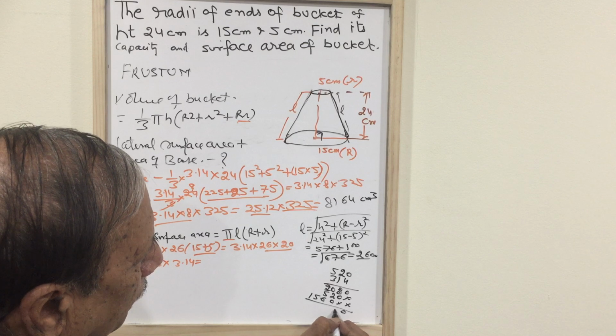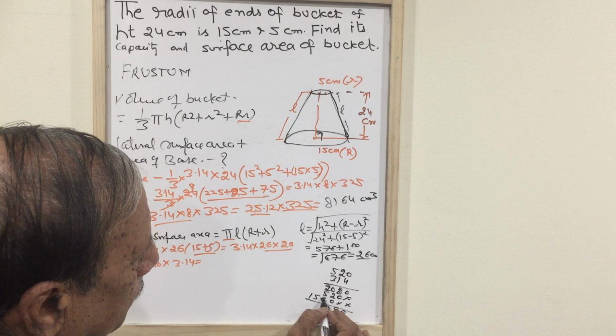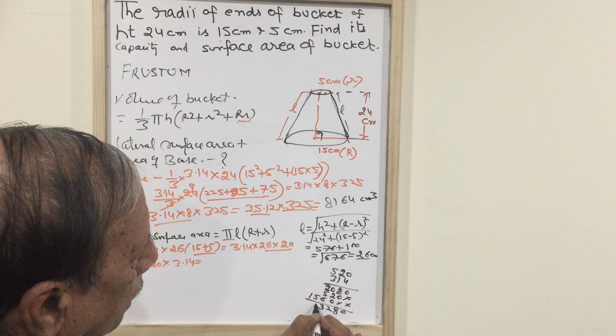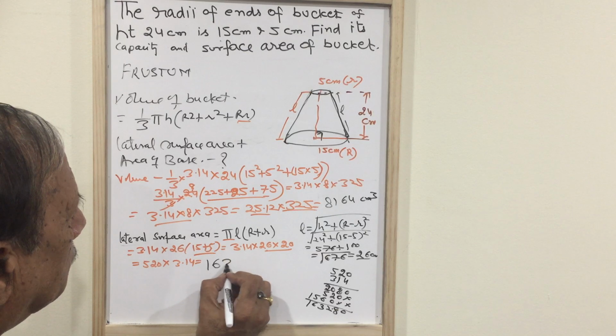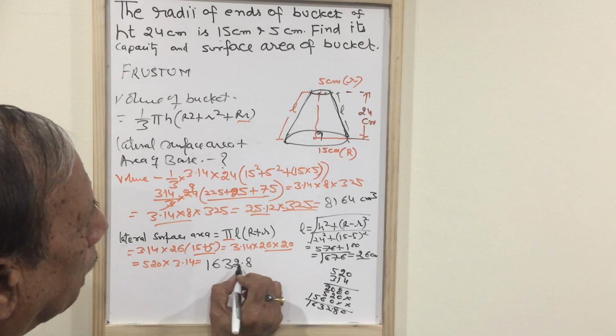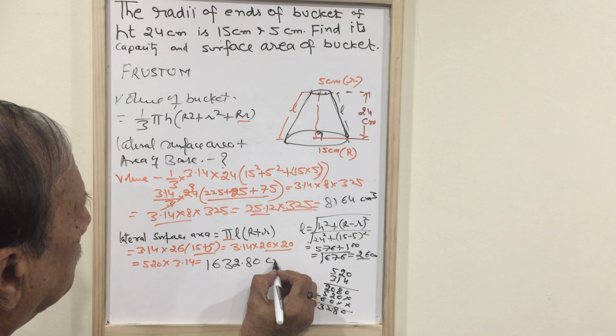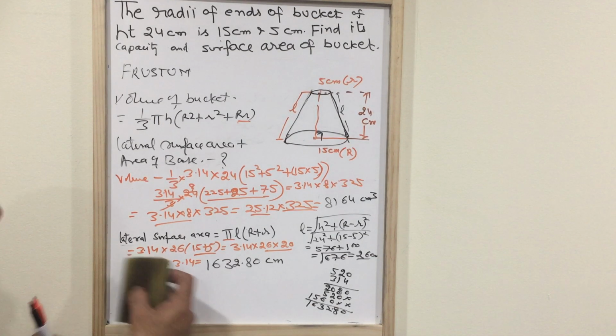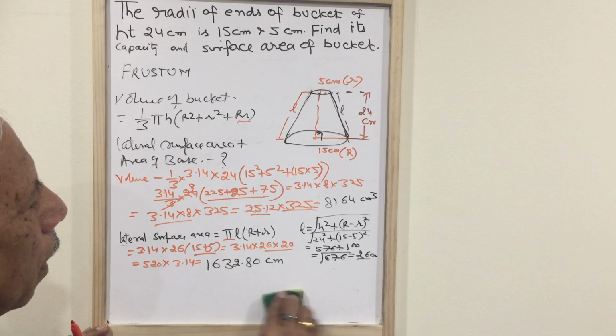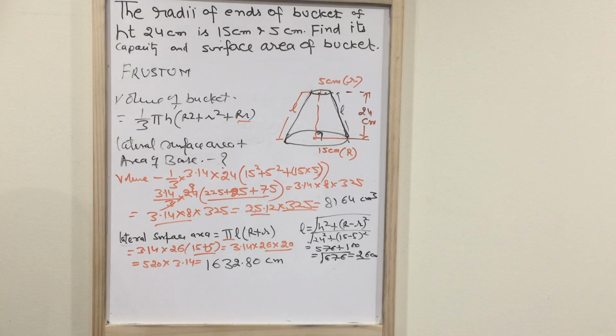You can even find the value by a fast trick method also. This is equal to 1632.80 centimeter square. So this is the lateral surface area.